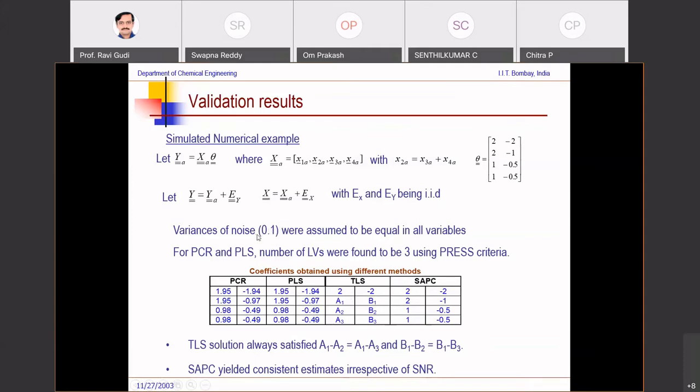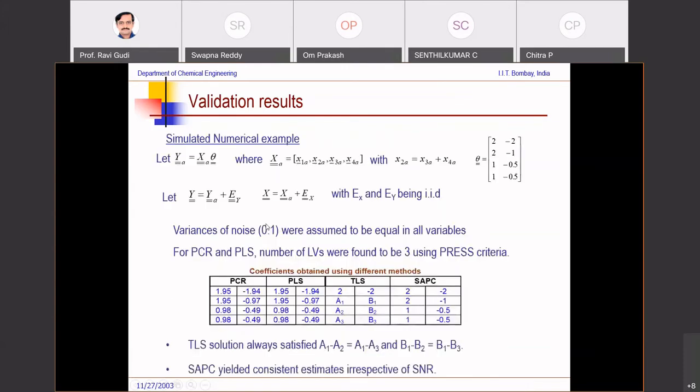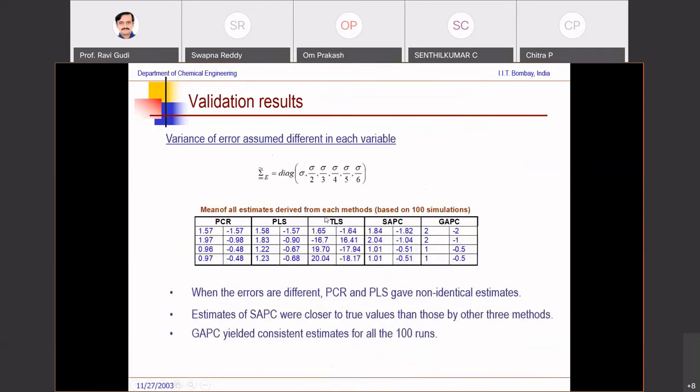The only assumption here is that the noise variances are the same in all the variables. If the noise variances are different, then SAPC also fails. So what we have done is we have assumed the same case with the same collinearity, but we have assumed that the noise variances are sigma, sigma by 2, sigma by 3, sigma by 4, sigma by 5, and sigma by 6.